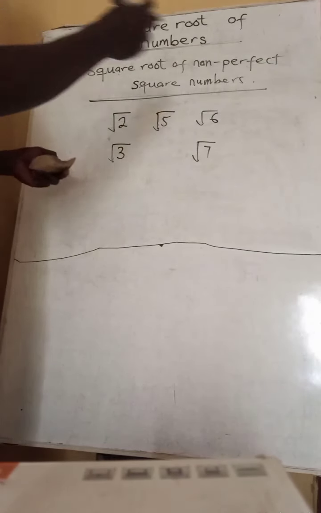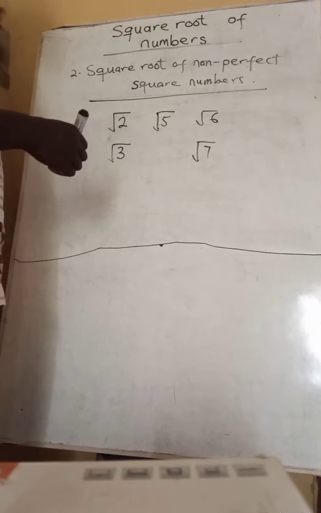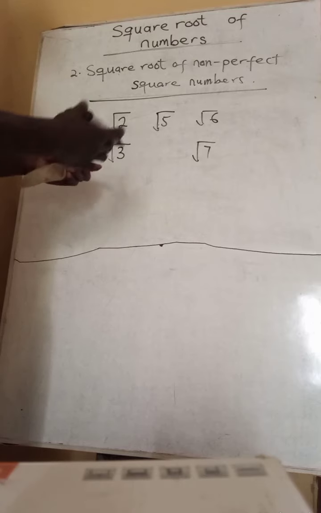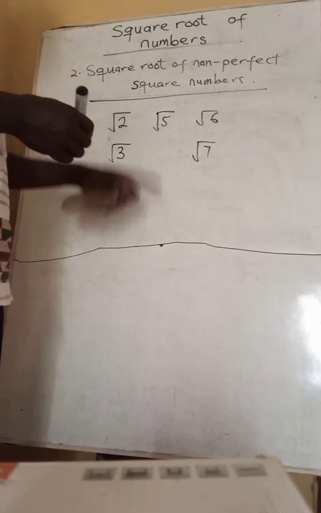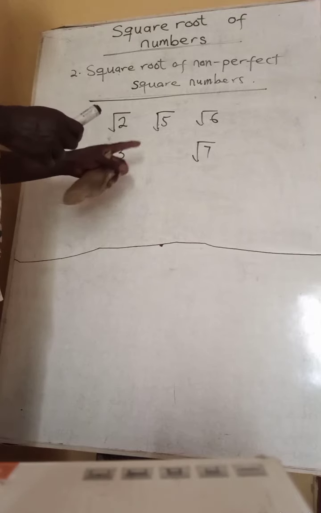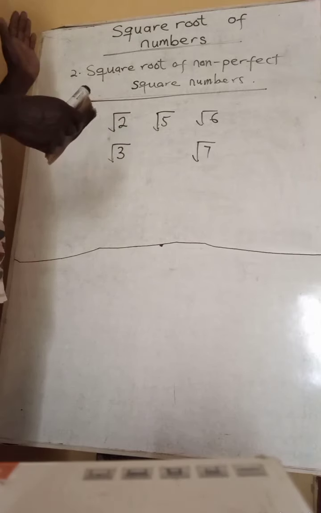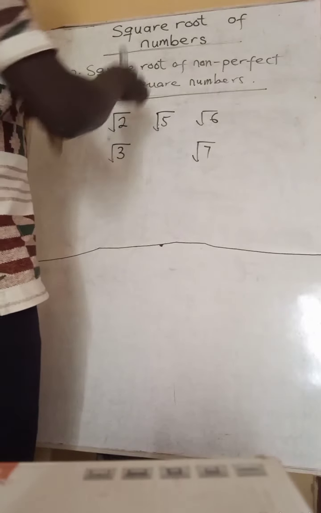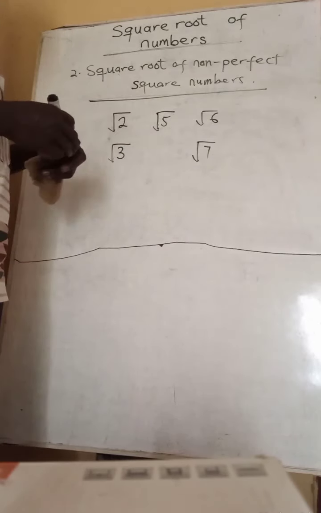In fact, you can get higher numbers: square root of 26, square root of 200, square root of 50. Then later on in the follow-up episodes, we are going to also treat decimal fractions and simple fractions under the non-perfect square root numbers.